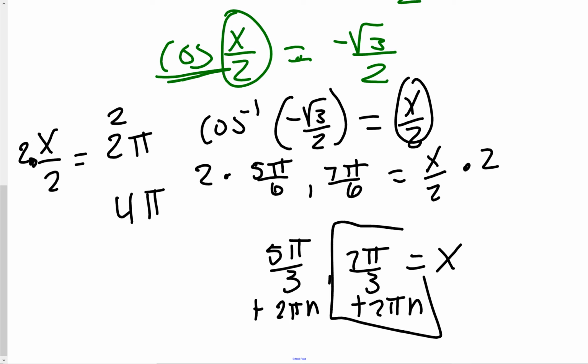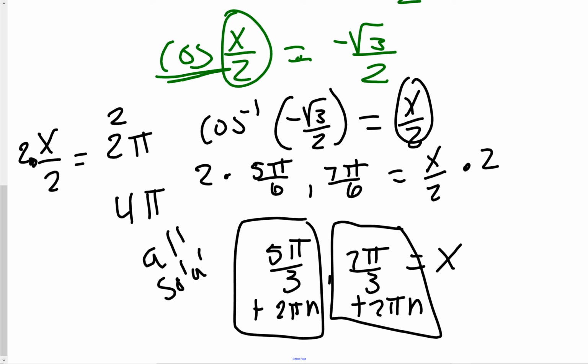So those are actually my answers for all solutions. If it just wanted 0 to 2 pi, then that would be expanded a little bit as well. But those are all my solutions.